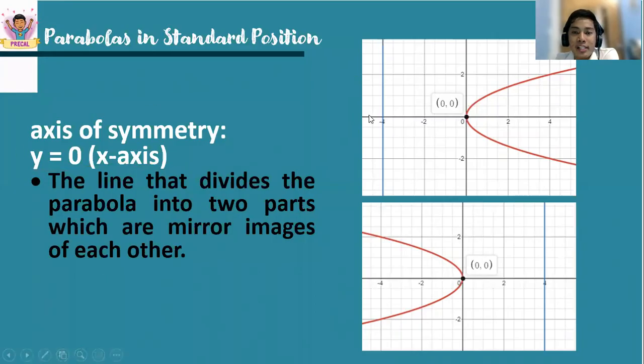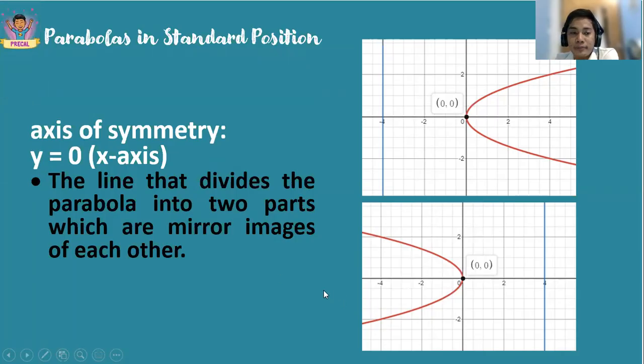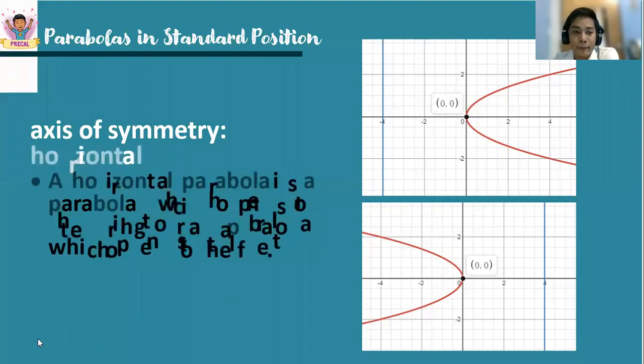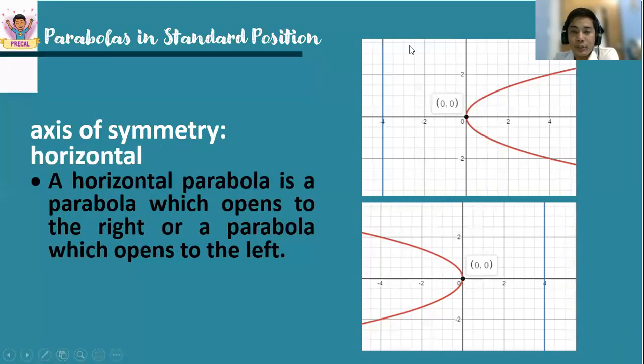Since the axes of symmetry are horizontal lines with respect to a parabola which opens to the right or to the left, we refer to these figures as horizontal parabolas in standard position, since they also have vertex with coordinates (0, 0). Again, we refer to these figures as horizontal parabolas.